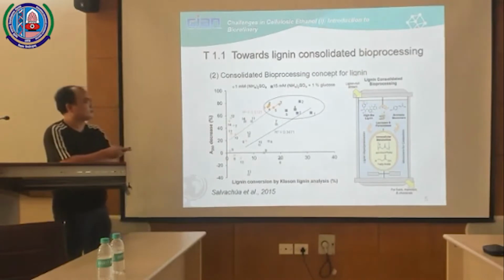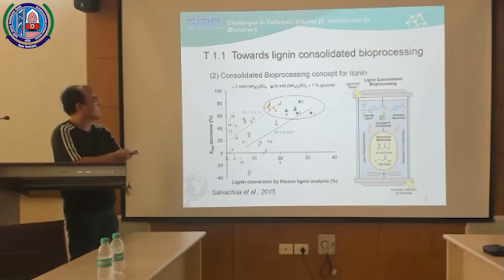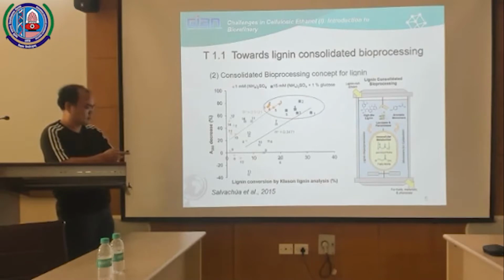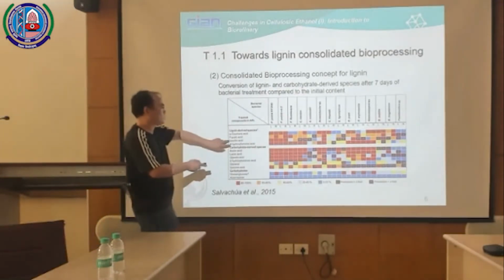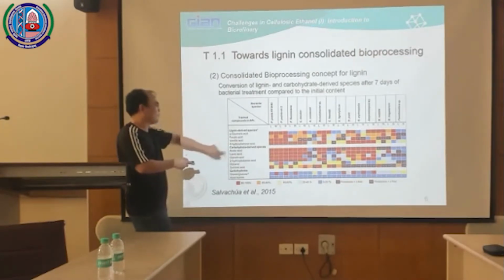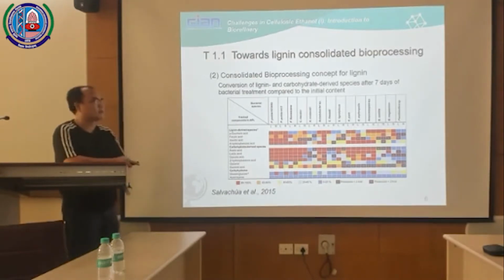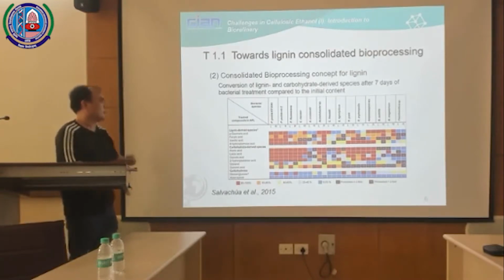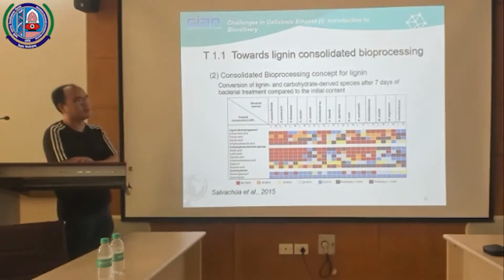From this screening, they got several strains that can be used for CBP of lignin. Finally, they characterized the products. They found that some can produce ferulic acid and vanillic acid. Although the production level is not high enough, this result attracts much attention because it is a new research direction.